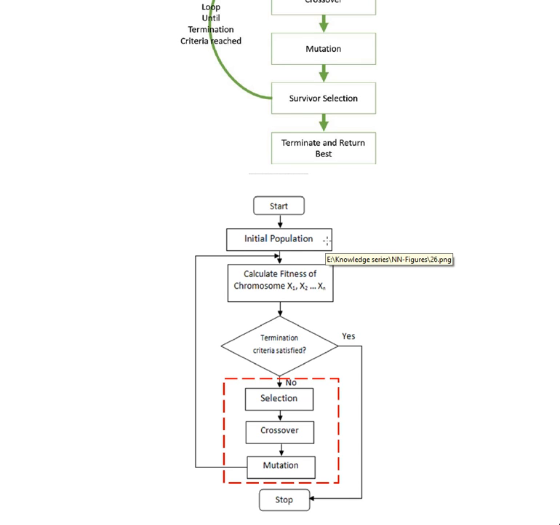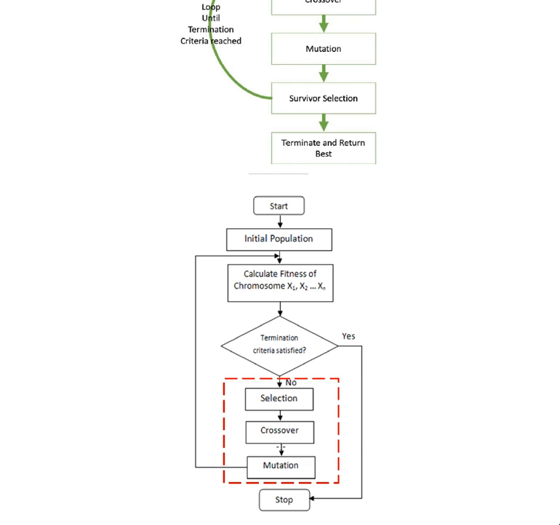So their fitness is what we find, and after that we go for the creation of the new population, and for that new population we check whether this chromosome is sufficient for us to give the solution or not. If it is not, then we go for a new parent selection based on selection, crossover, and mutation.